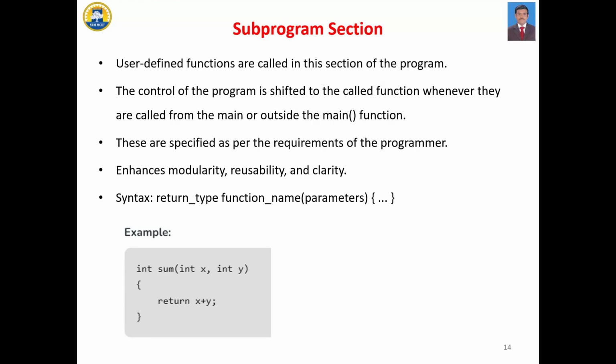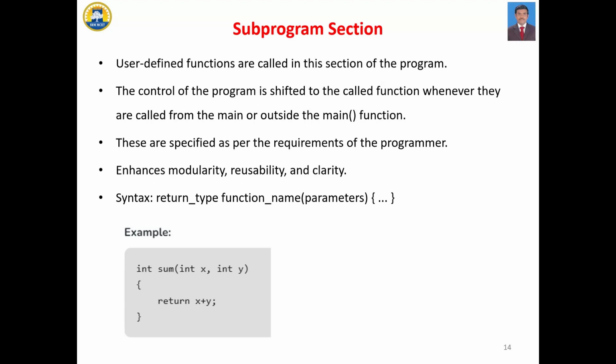Next one is the subprogram section. User-defined functions are written in this section of the program. The control of the program is shifted to the called function whenever they are called from the main or outside the main function. These are specified as per the requirements of the programmer. This enhances modularity, reusability and clarity.